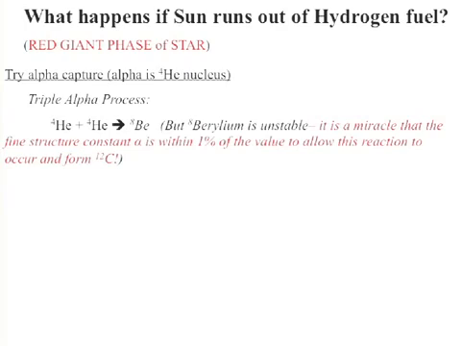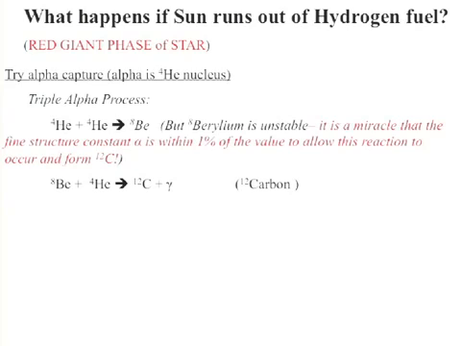It's a miracle. The fine structure constant has to be within incredible limits so that this reaction occurs. It's amazing that it happens, because if it didn't happen, we wouldn't be here. We depend on this reaction for life. Why? Because the next thing that happens is beryllium-8 and helium-4 makes carbon.